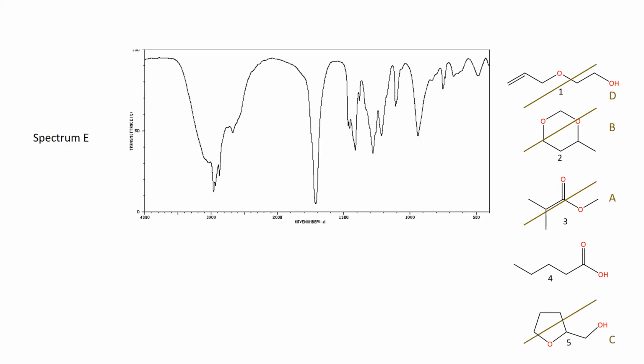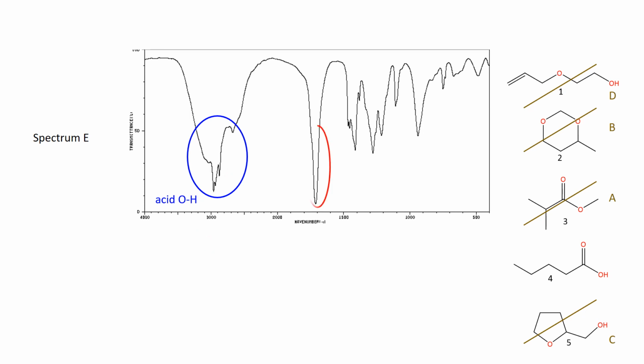Finally, of course, we better hope that spectrum E corresponds to compound 4, otherwise we'll have to go back and do something else. And indeed it does. First of all, we've got this big messy bit down here, which is an acid OH. Remember, the acid OH comes at a lower wave number than the regular OH, which would be sort of here. It's also why they're yuckier and nastier, but that's the acid OH.